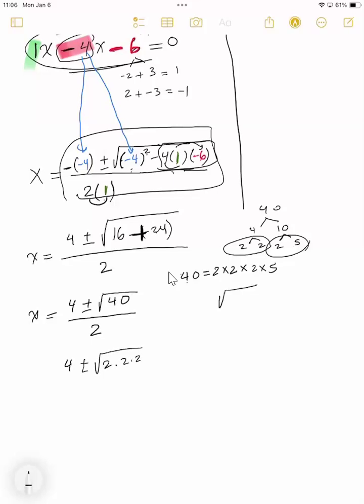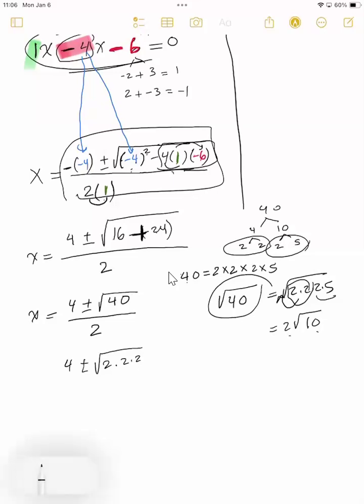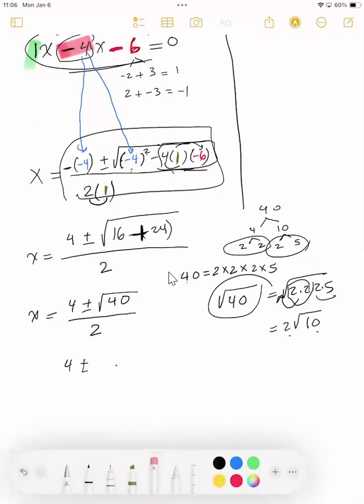And anytime you have a double, it comes out as a single. And 2 times 5 is 10. So your answer to square root of 40 is 2 square root of 10.